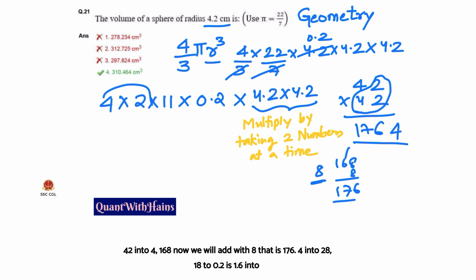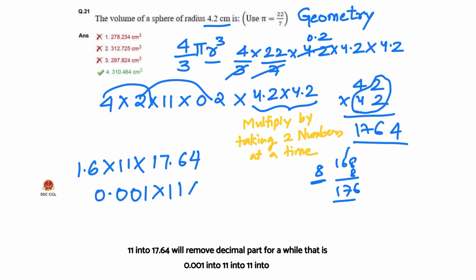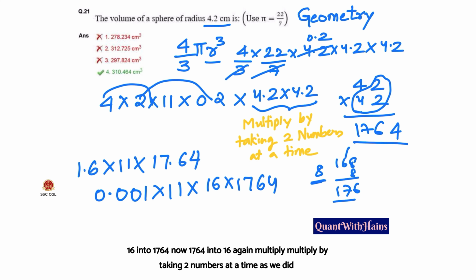4 into 2, 8. 8 into 0.2 is 1.6 into 11 into 17.64. We will remove decimal part for a while, that is 0.001 into 11 into 16 into 1764.